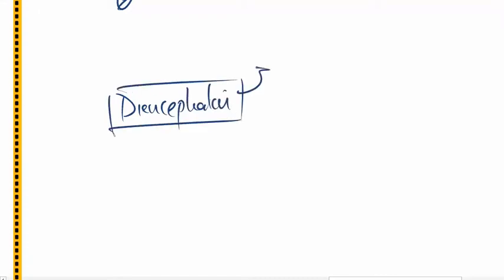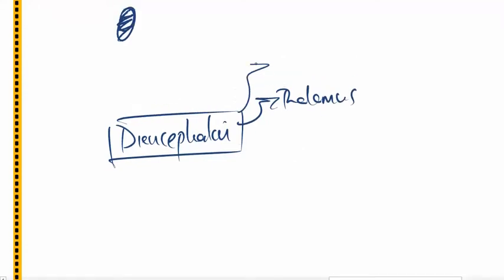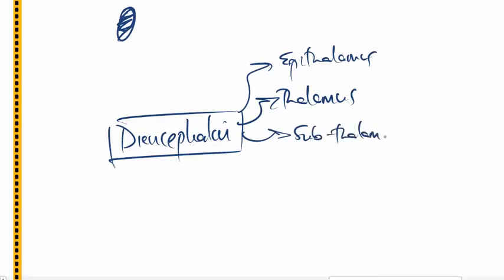All right, so we mentioned some structures that were part of the diencephalon. What were some of the structures that we mentioned that were part of the diencephalon? Okay, so we have the subthalamic nuclei.